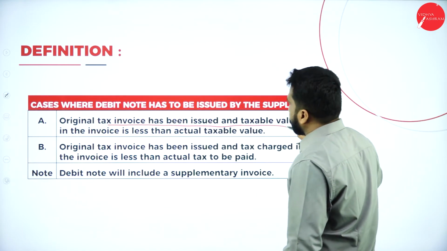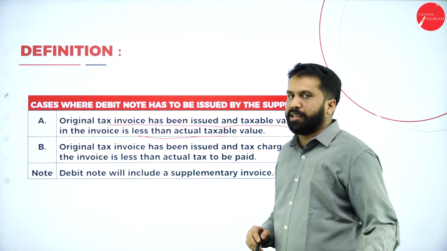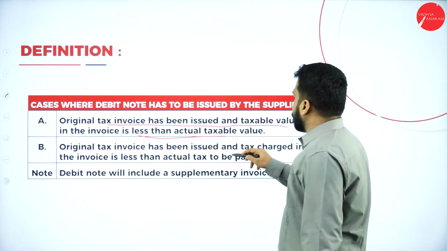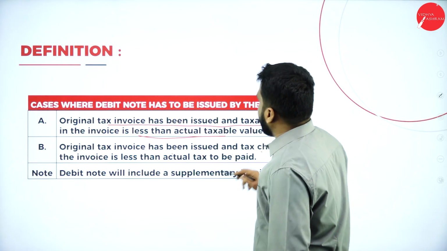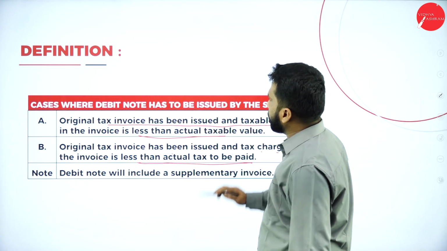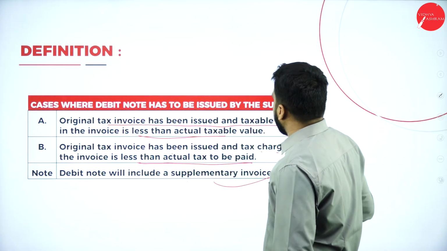Now, we issue debit note in the following cases: when the original tax invoice has been issued and taxable value in the invoice is less than the actual taxable value, if there is any correction needed. Original tax invoice has been issued and the tax charged in the invoice is less than the actual tax to be paid. And debit note will be included as a supplementary invoice.